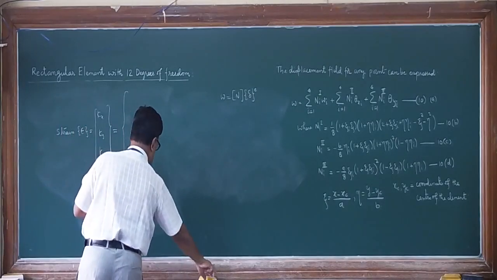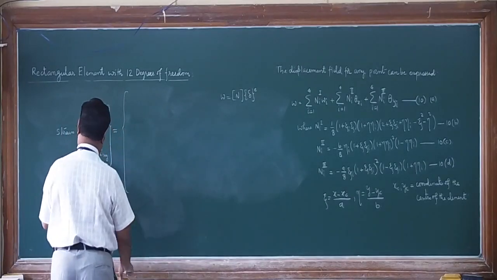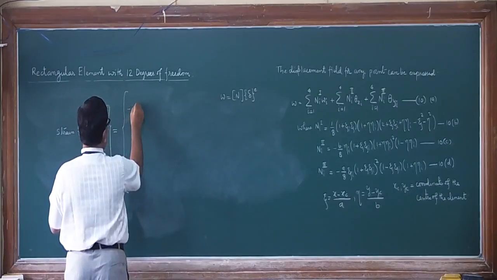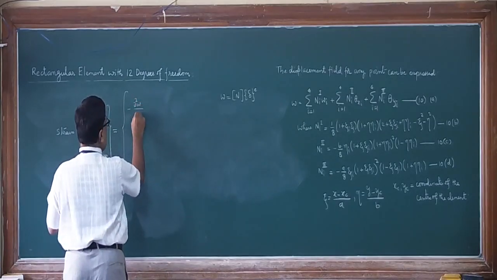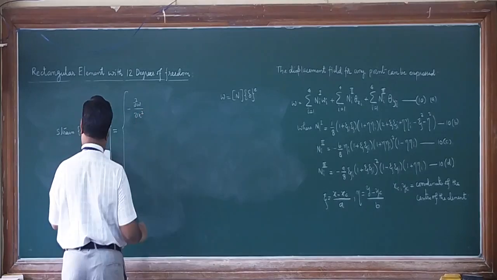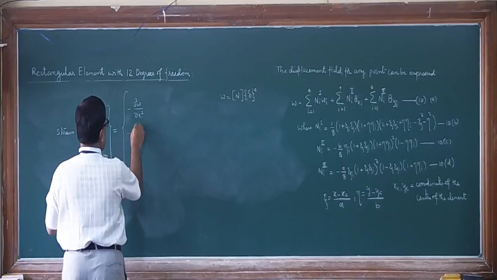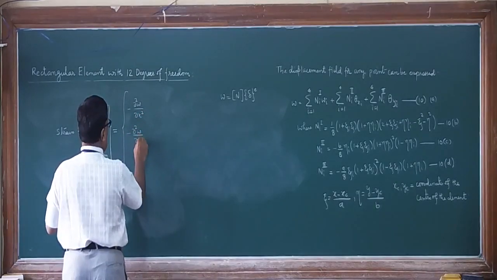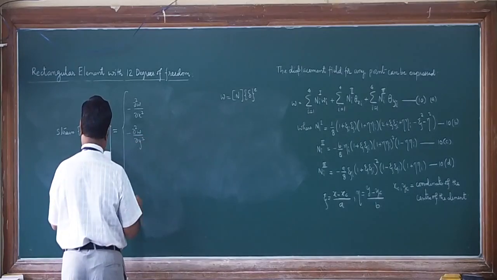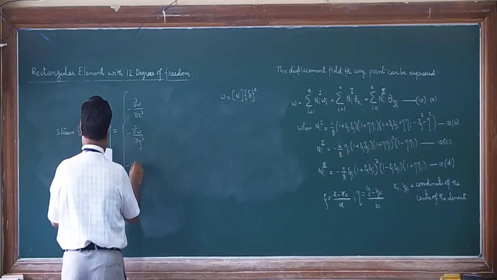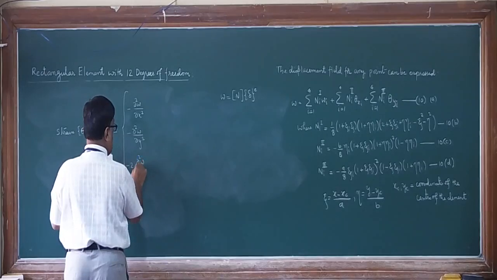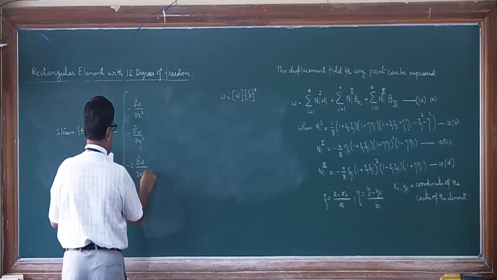This is nothing but minus dou square W by dou x square, minus dou square W by dou y square, minus 2 times dou square W upon dou x dou y.